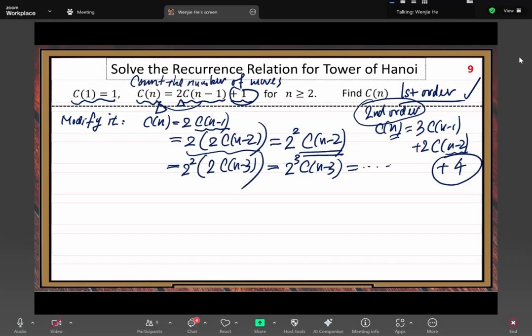From these representations here, can you get, because we need to get to the last step. The last C part should be C of 1. That's our base case. Then the power function, the 2 to some exponent, can you tell me what is the appropriate exponent number for 2?